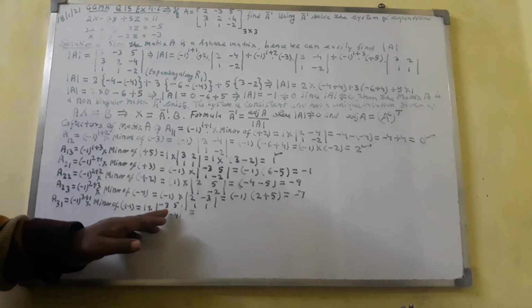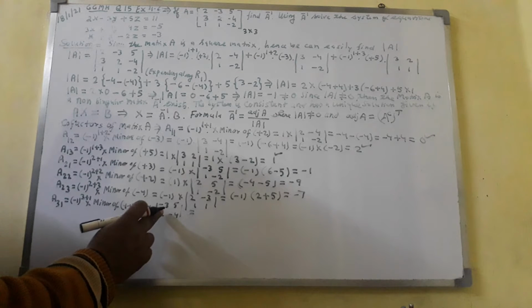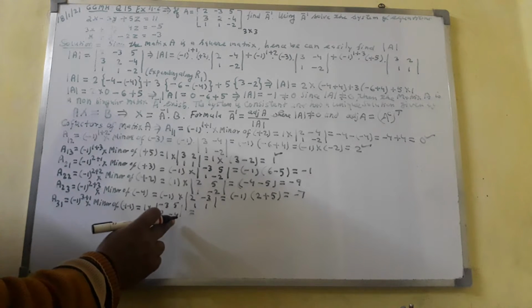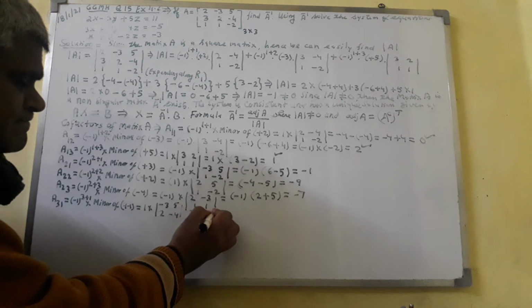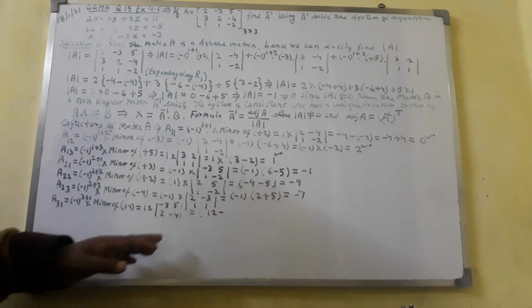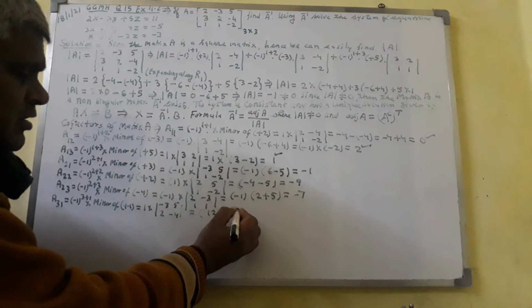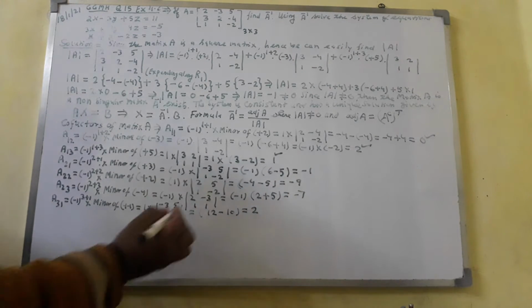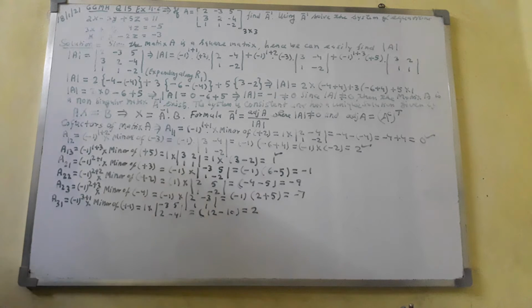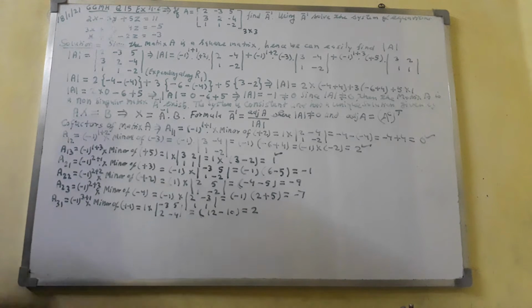So here you will get -3 will multiply to -4 comes out to here 12, minus 5 will multiply to 2 comes out to 10. So we will get here 2. The value of A31 will be 2.